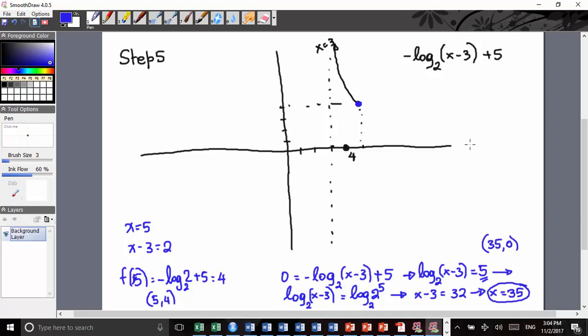What does this mean? This simply means that my curve is going to cross the x-axis at the point (35, 0). So if I want to graph my curve, the curve will look like this.